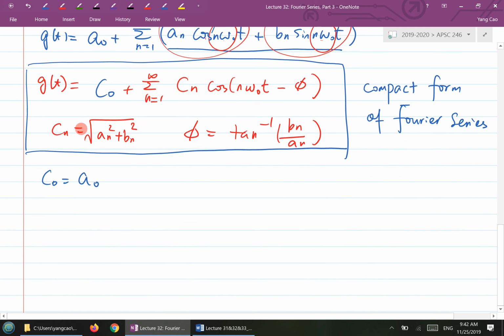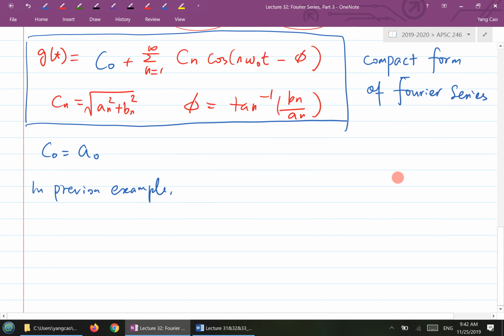So in the previous example, we can calculate that C naught equals A naught, which is 1/2, and Cn is equal to the square root of An squared plus Bn squared.